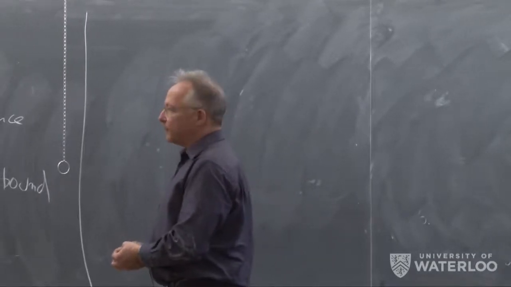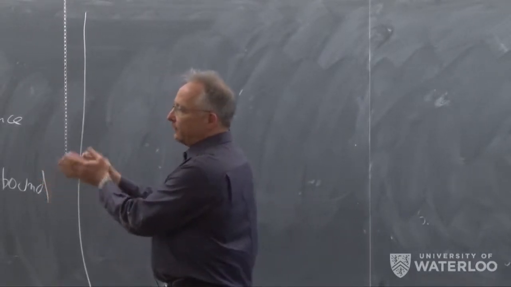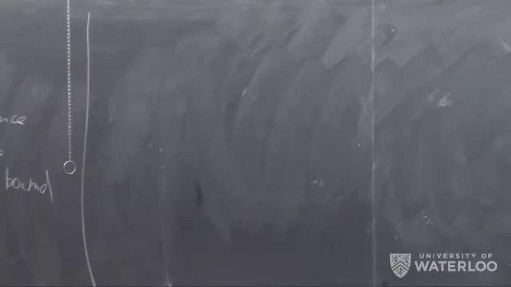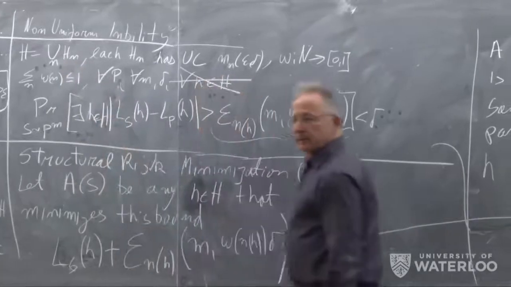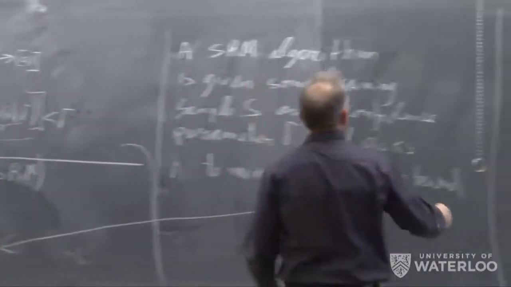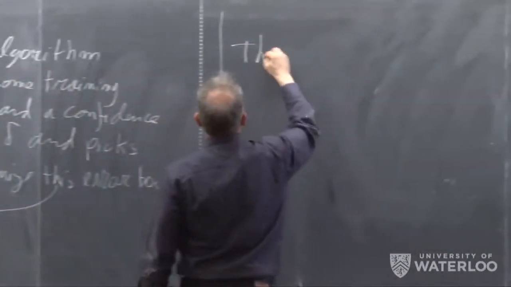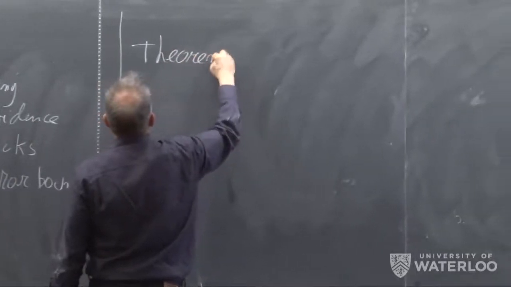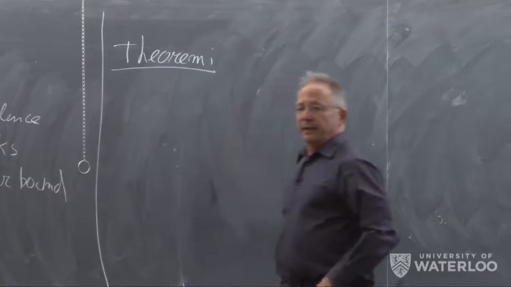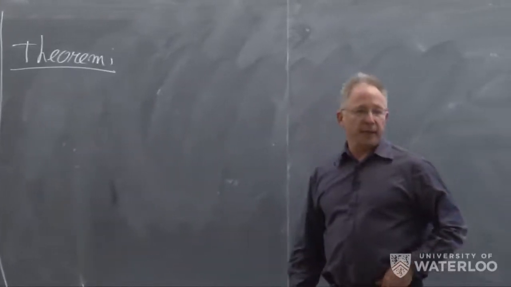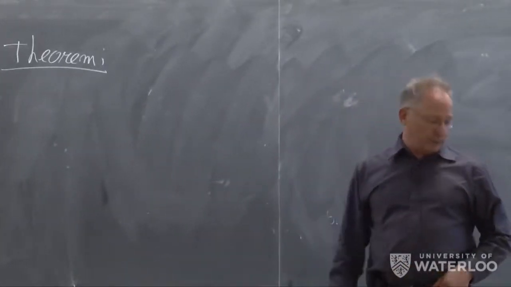The theorem tells me that with this algorithm, every class which is a union of finite VC classes is non-uniformly learnable. So here I have a theorem that tells me this algorithm actually does the job and proves that every union of Hn's like this is non-uniformly learnable.